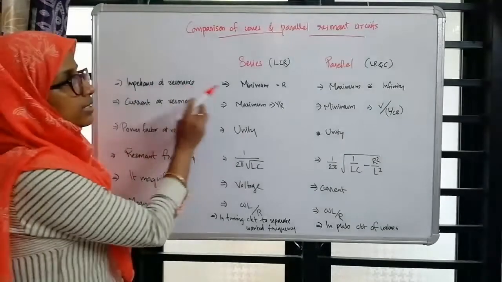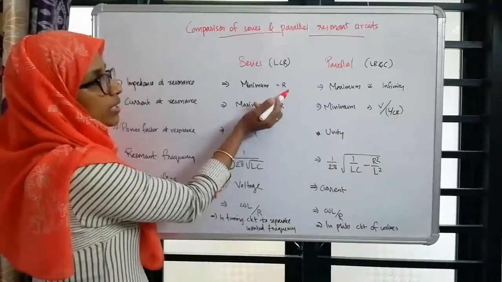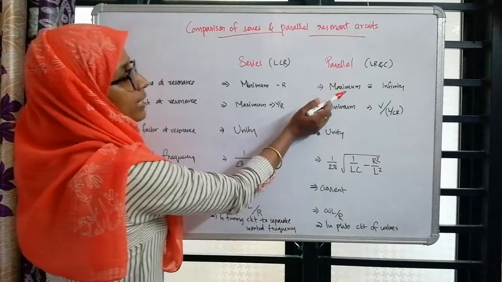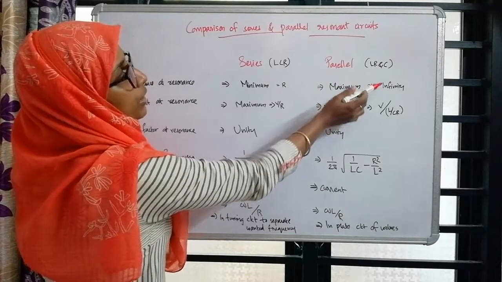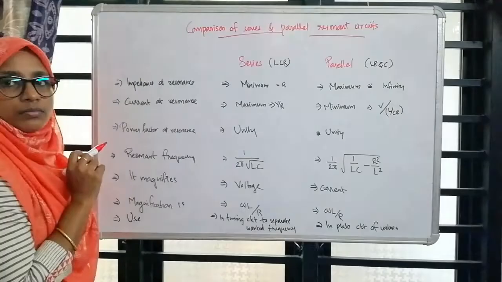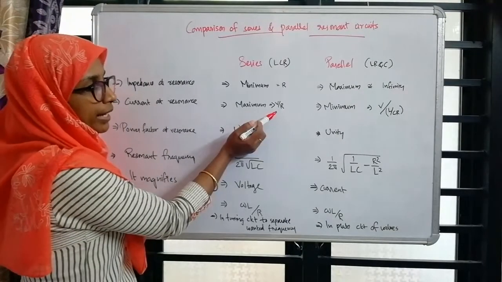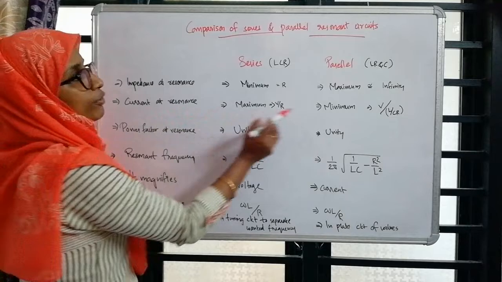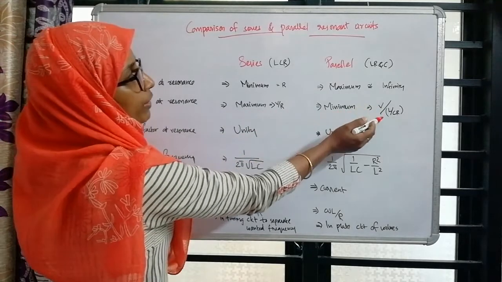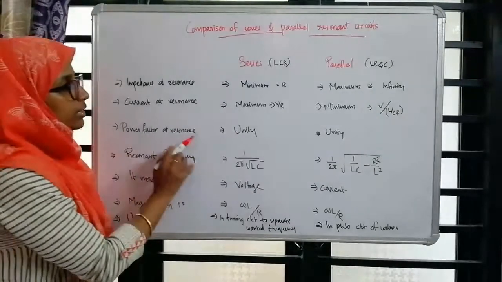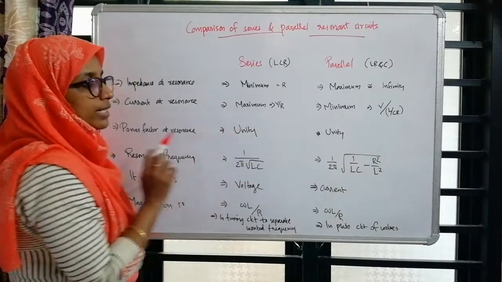Impedance at resonance is minimum and is equal to the resistance in the series case, and impedance at resonance is maximum and near to infinity in the parallel case. The current at resonance is maximum and is equal to V by R, and the current at resonance for the parallel case is minimum, equal to V by L by CR. And also the power factor at resonance is unity in both cases.